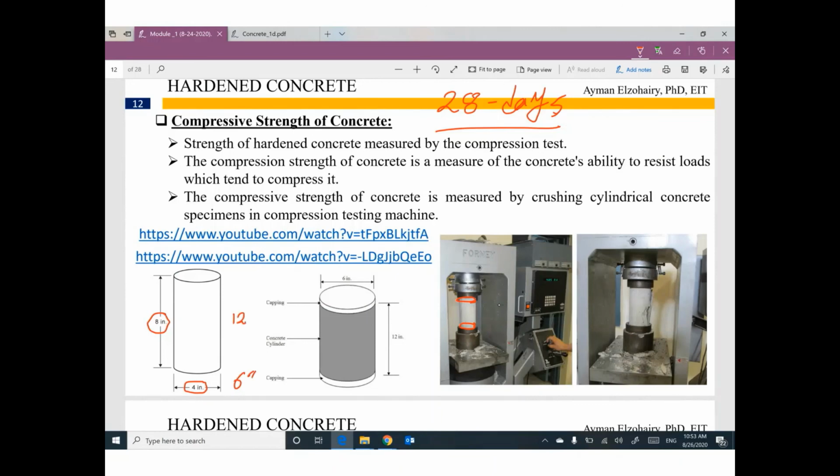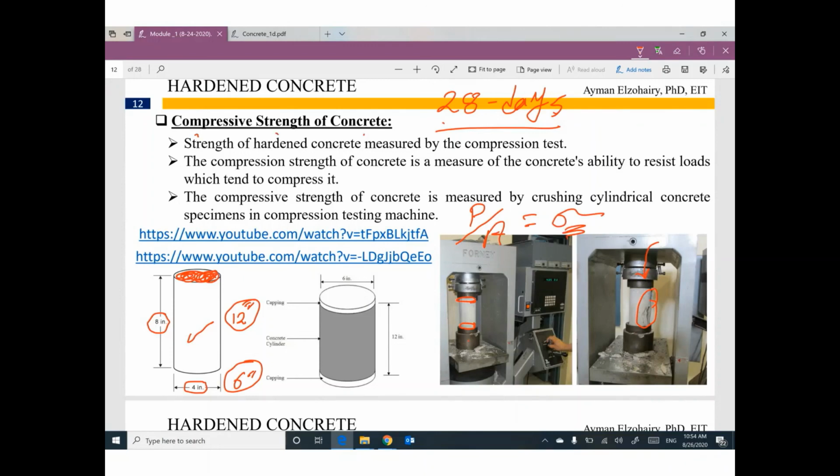Pour this concrete, wait for 28 days, put these cylinders under the compression machine, apply force until you break the cylinder. How much is this force? If you divide this force by the cross-section area of the cylinder, you get stress. This stress is called the compressive strength of concrete.